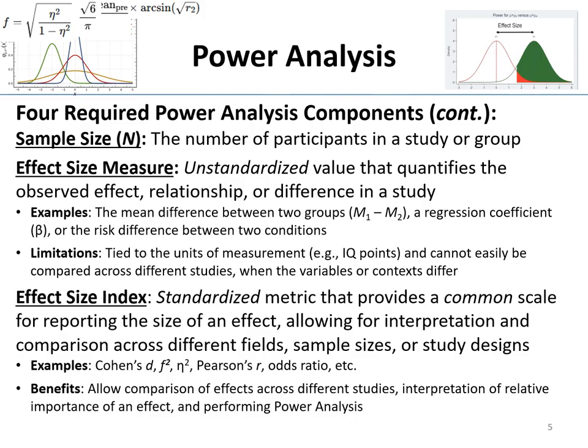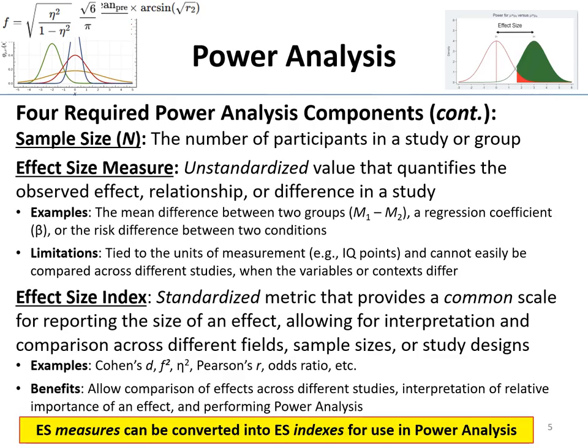And most importantly for this lecture, you can use effect size indexes for performing power analyses, whereas you cannot use effect size measures that are not also effect size indexes. Here's the good news. Well, effect size measures, for the most part, can be converted into effect size indexes, and then you can use them in power analysis.